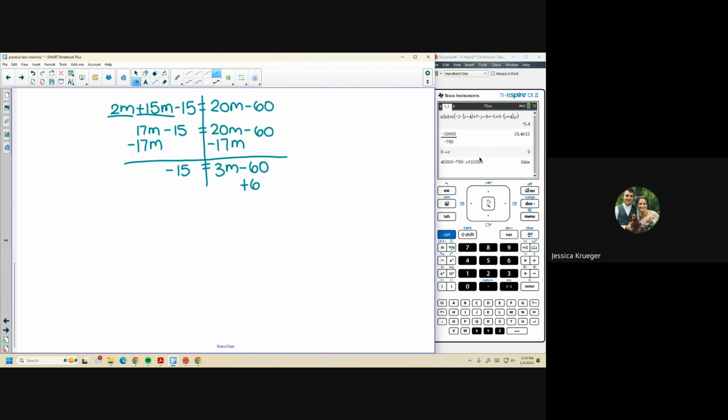I can add 60 to both sides. 45 equals 3 times m. Use my division property of equality to divide both sides by 3, and I get 15 equals m.